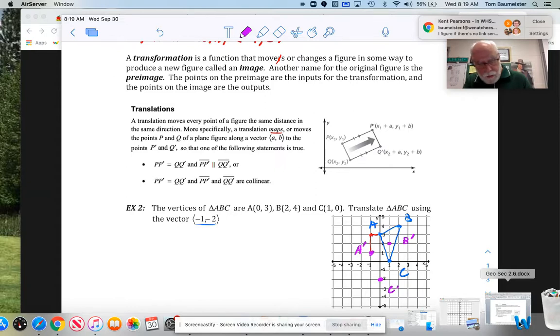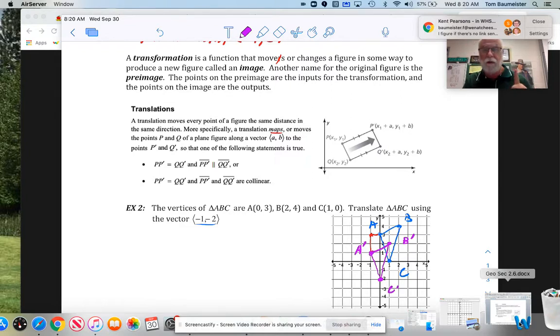Now, I was lucky enough, my iPad gives me different colors. I tell everybody every once in a while, if you're doing it on the same one, if you don't label the points, you can always dash one of them. So make the image or the pre-image dashed, and then make the other one solid.